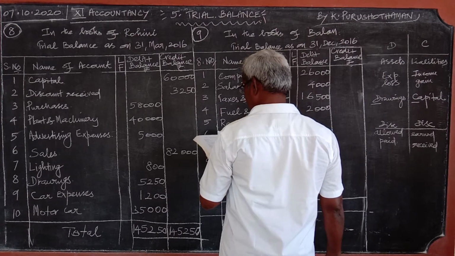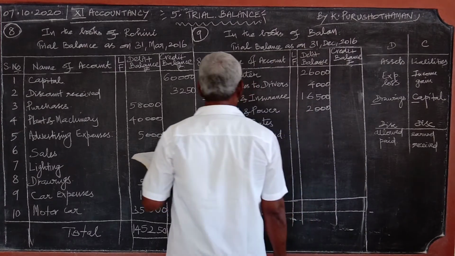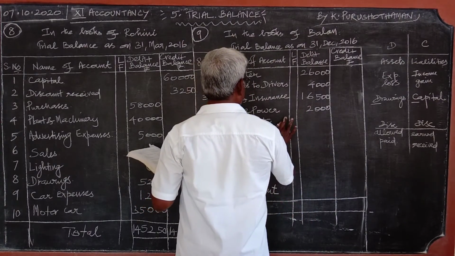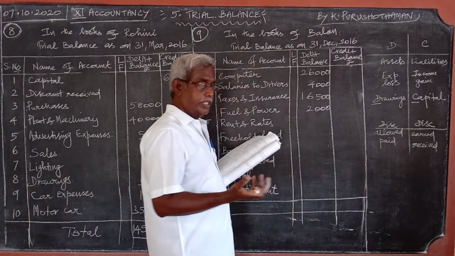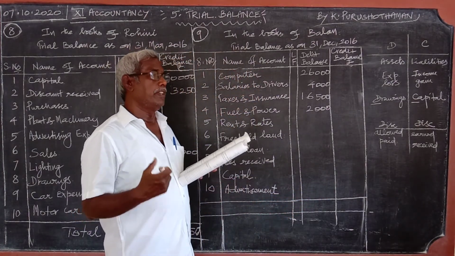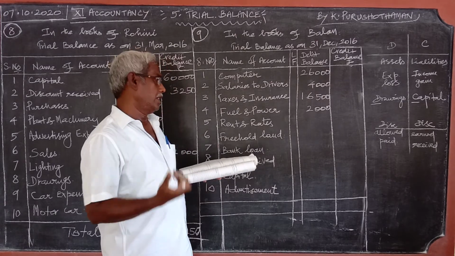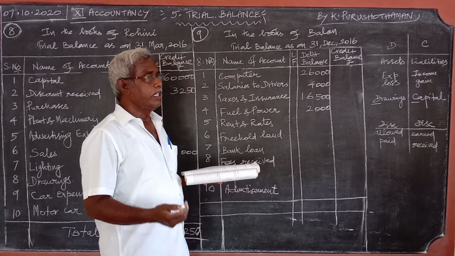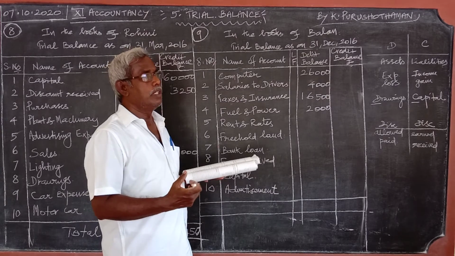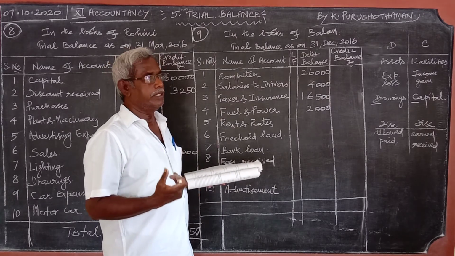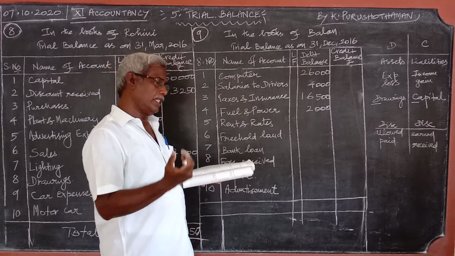Then next item, rent and rates. In other problems I said about rent and rates if it is simply given. In case of rent we can consider it in two ways. Sometimes we pay the rent if we are in a house for rent. In the other case, if there are some tenants in our house, we will receive that rent. Therefore, sometimes we may pay the rent, sometimes we will receive the rent.